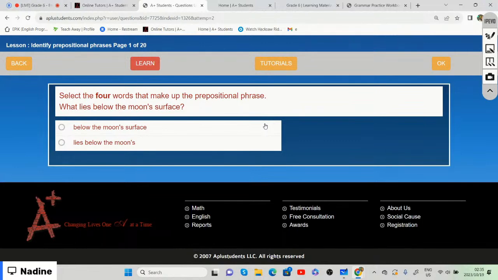Is it below the moon's surface or lies below the moon? Remember, in our notes, a prepositional phrase always starts with the preposition and then the rest of the words.